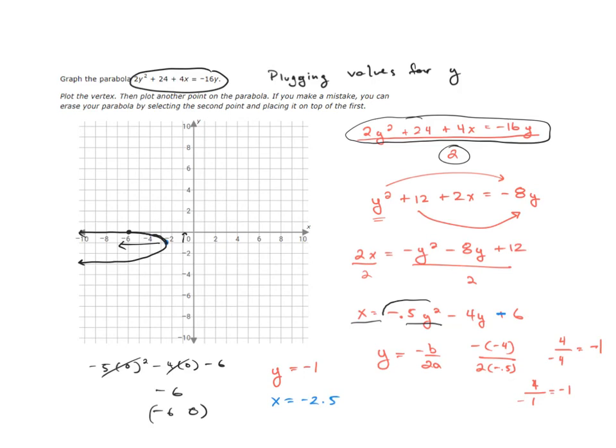So, yeah. Any other questions? Let's say you had that x is equal to negative 0.5 y squared. I forget what it was. Let's just say 4y minus 6.